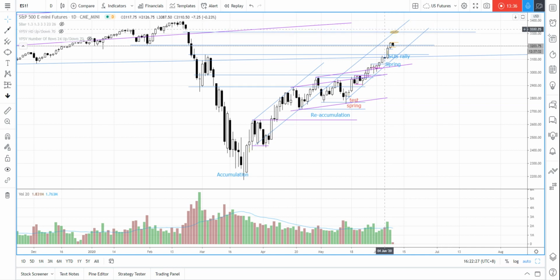We haven't really run into the overbought of the channel, and if we can resolve the supply level that happened over these 2 days, Friday and Monday, and also break out of this resistance zone at 3210, then I think it's quite possible to reach 3300, or even to test the all-time high at 3400.